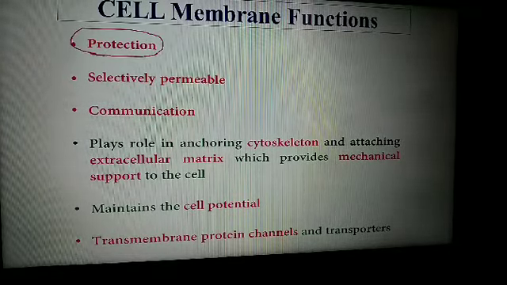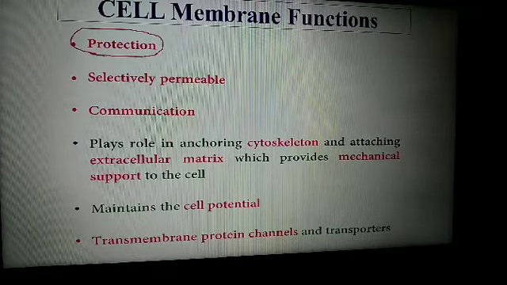And the fifth function of the cell membrane is that it maintains the cell potential. As we all know, the charge inside the cell and outside the cell is not the same, so there is a difference between the charges inside and outside the cell.